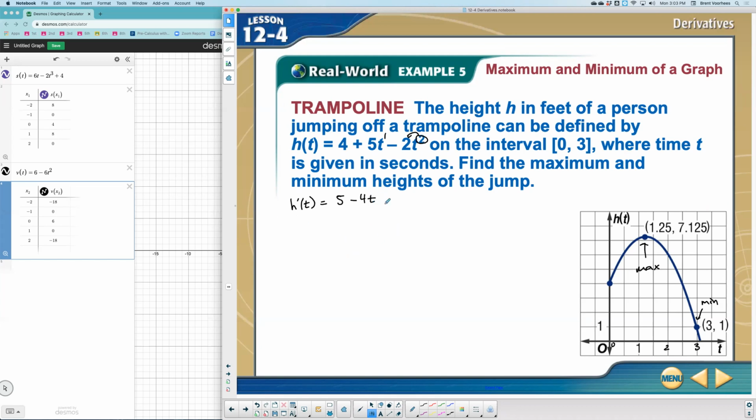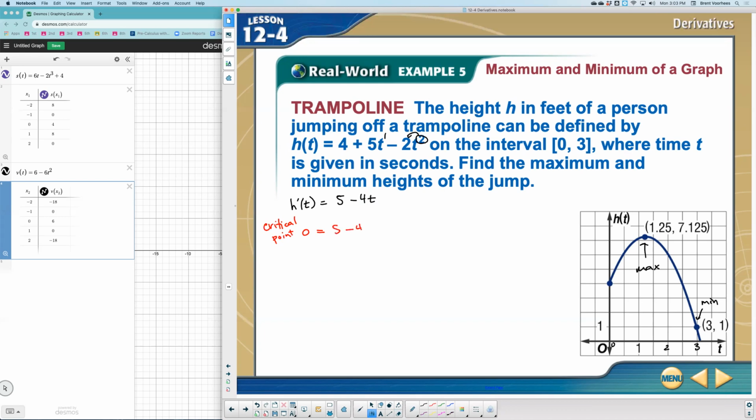So there's my equation. To find the critical points, I'll say 0 equals 5 minus 4t. This one only has 1 critical point, and the reason I know it's only 1 is because we only have 1 power here.